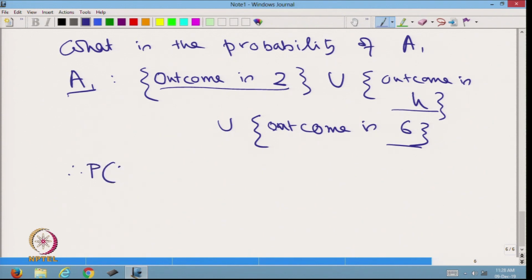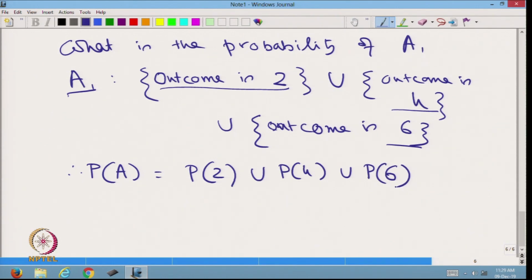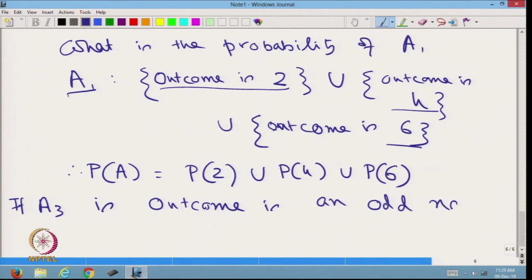Therefore, probability of A1 is equal to probability of 2 plus probability of 4 plus probability of 6. Similarly, if A3 is outcome is an odd number, then A3 is equal to A1 complement.